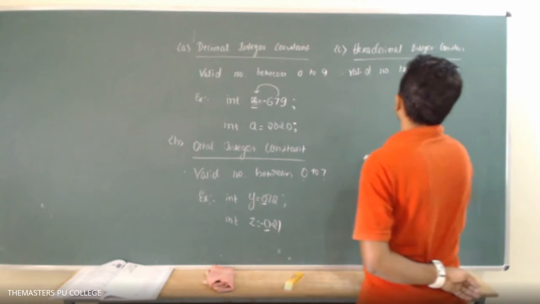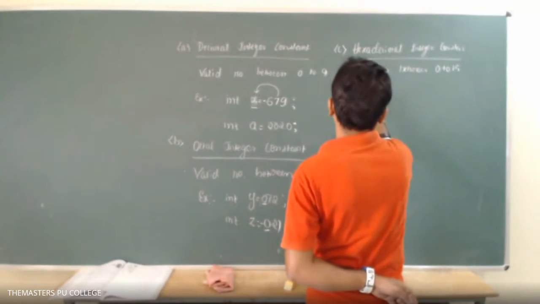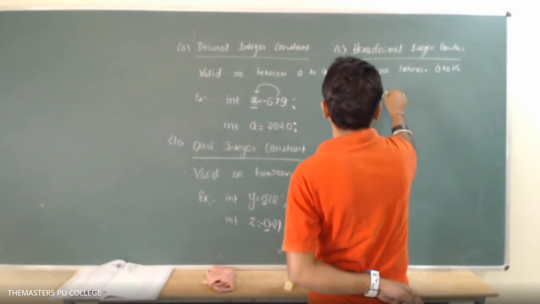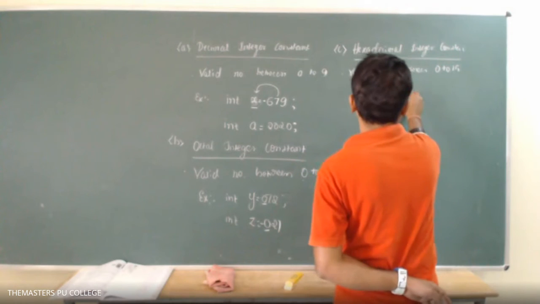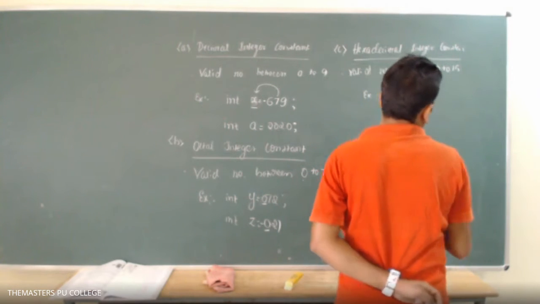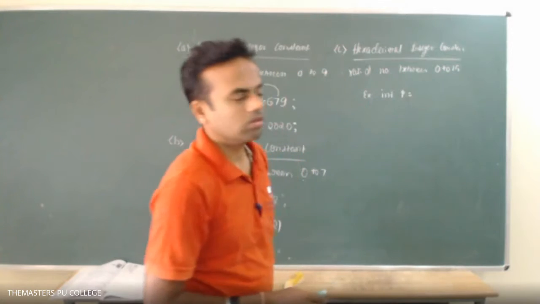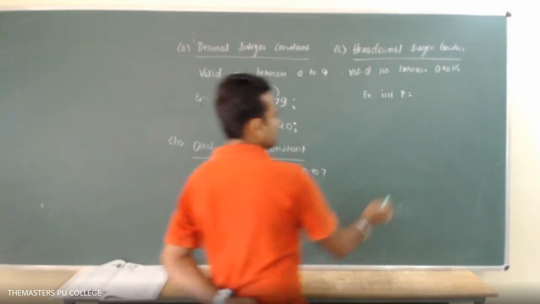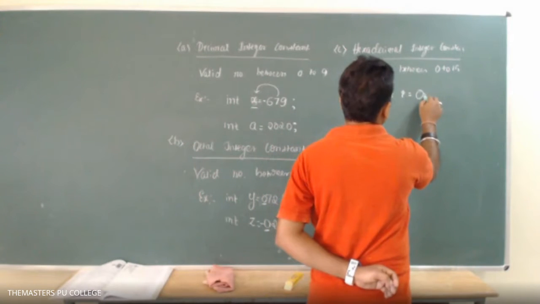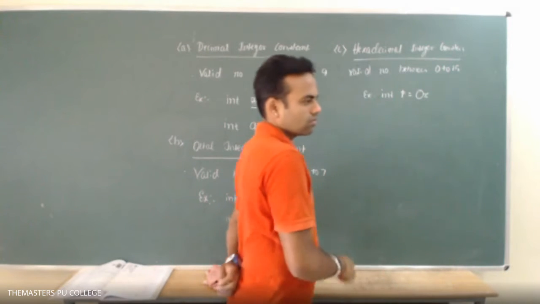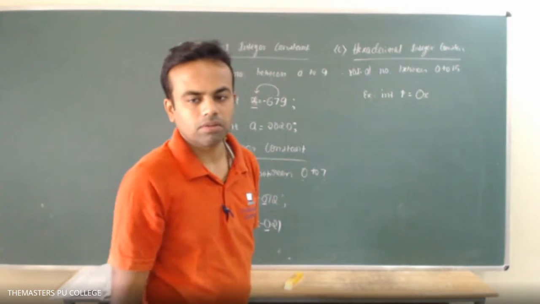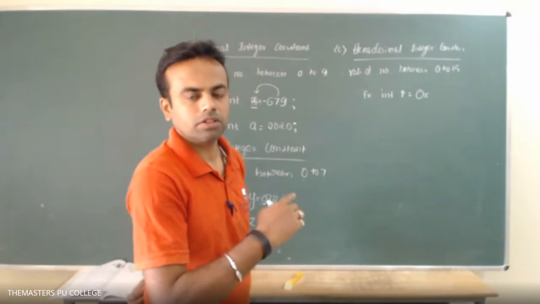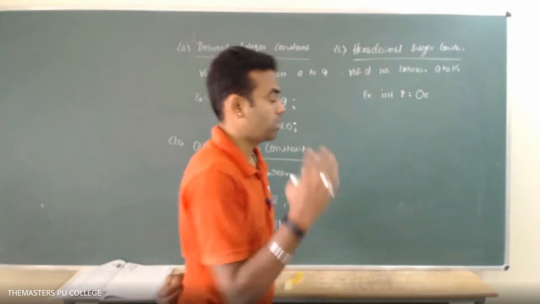The example will be an integer always. I can consider P, a valid combination of P, 0 to 15. And then the first two letters will be 0X. We are representing a hexadecimal number, so we need to represent it with that 0x.